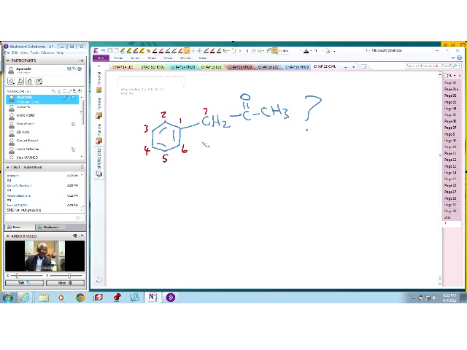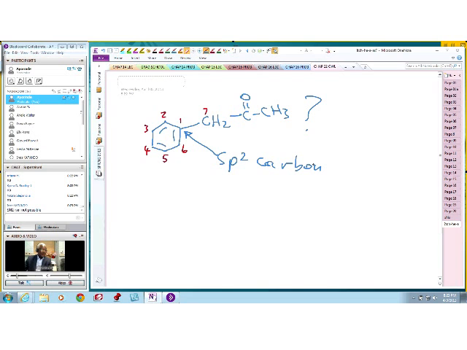SN2 reaction not possible. Excellent. SN2 reaction is not possible on an sp2 carbon. This is an sp2 carbon right here, and you do not do an SN2 reaction on an sp2 carbon.